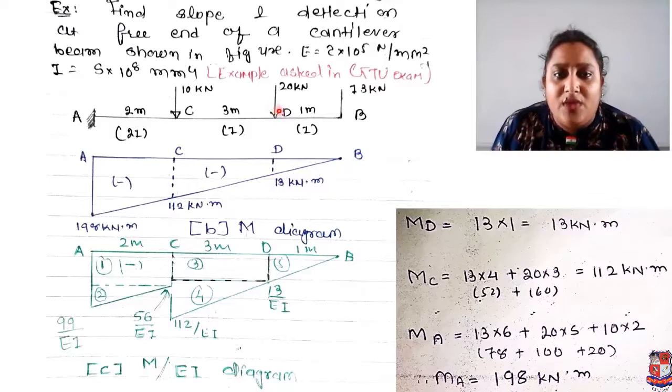At D point, from B to D is 1 meter distance, and at D point there is a 20 kilonewton point load. Then after D, at 3 meter distance, a 10 kilonewton load is given at C point, and here 2 meter distance. So 2 meter distance, 3 meter distance, 1 meter distance, 10 kilonewton load, 20 kilonewton load, 13 kilonewton load.